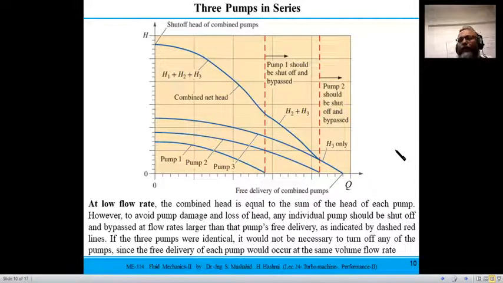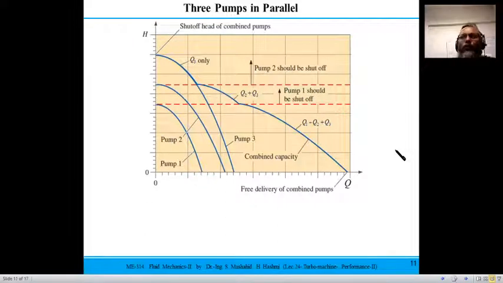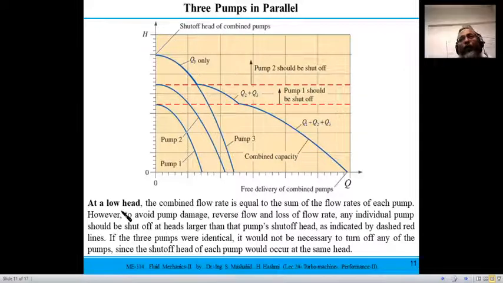The same thing applies when your 3 pumps are arranged in parallel. In parallel, the head is not the requirement; it is your combined volume flow rate. It would be the opposite: at low head, because head is representing the requirement.